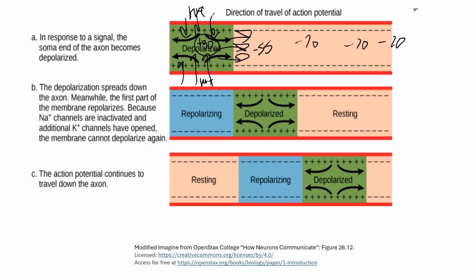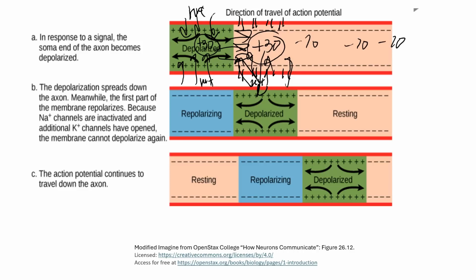And as that region of the axon depolarizes to negative 55 and threshold is hit, we know that more voltage-gated sodium channels in the plasma membrane open up. And that causes sodium to shoot in and drive the interior up to positive 30 millivolts. And that's what's being depicted at the bottom here.